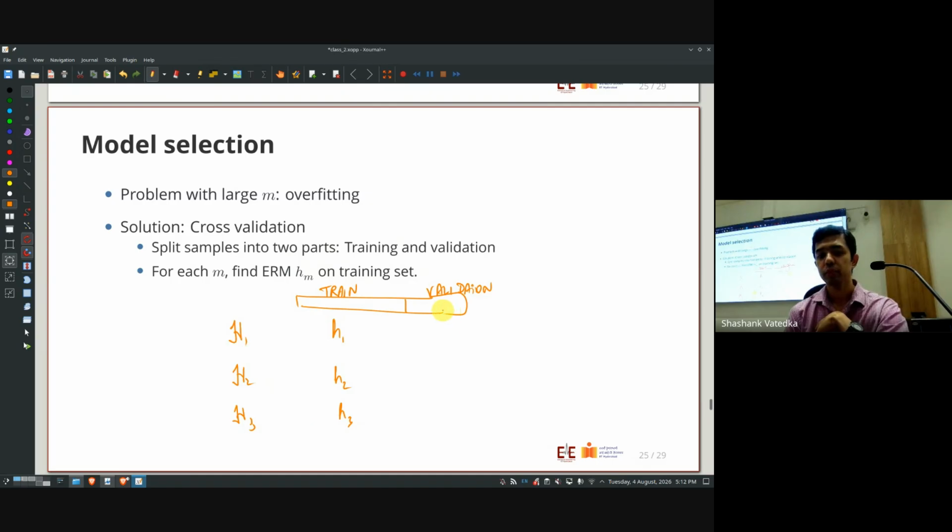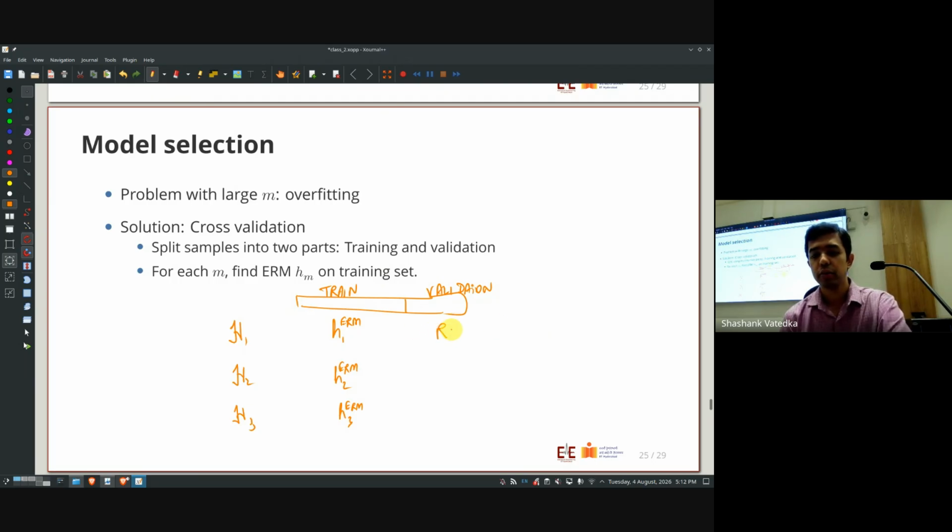Now, for each of these, you evaluate the best degree 1 polynomial classifier on the validation set. Again, you find the performance of each of these on the validation set. Let me call these HERM1, HERM2, HERM3. All of these are trained on the same set of samples, which is something to be kept in mind.